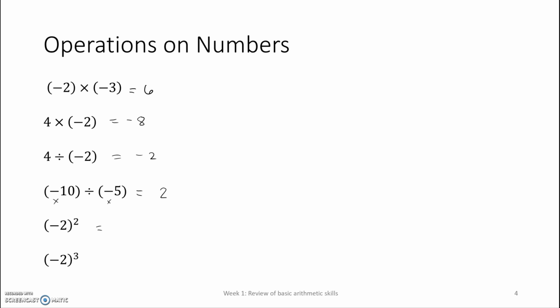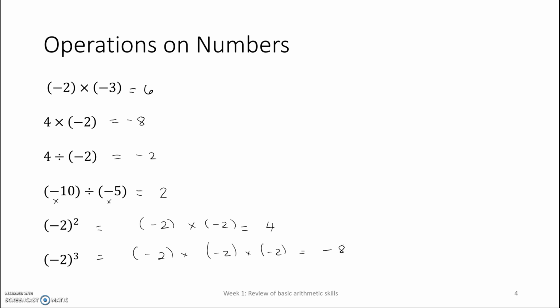Now, watch these ones. Negative 2 squared means negative 2 times negative 2, which is 4. And negative 2 cubed is negative 8.